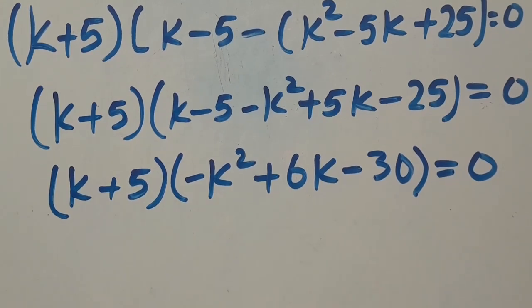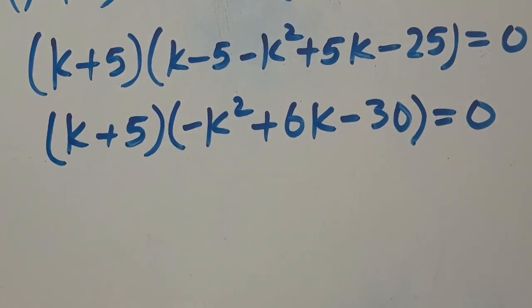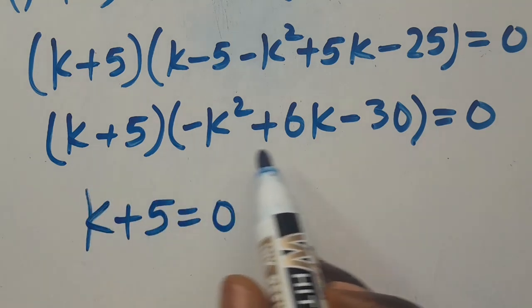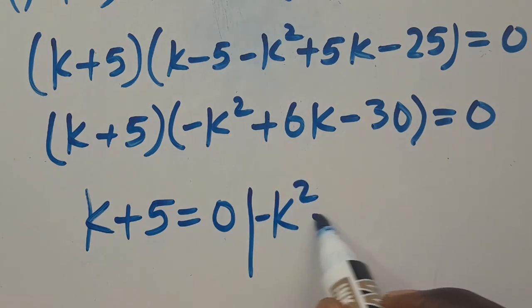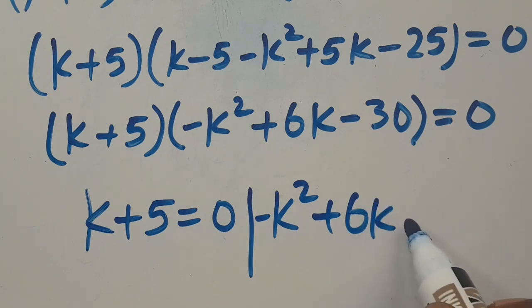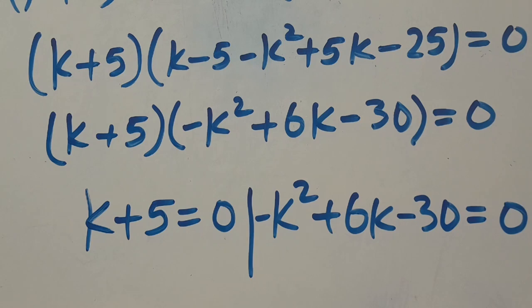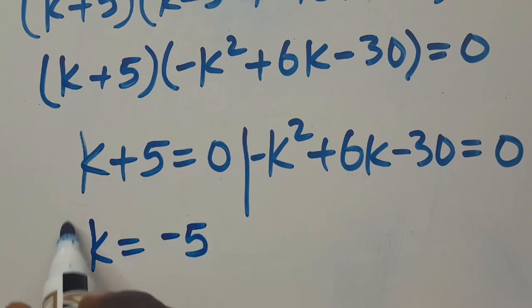Then from here, what we are trying to say is that for this particular expression to be equal 0, either we have, let's say, k plus 5 to be equal 0, or we have minus k squared plus 6k minus 30 to be equal 0. Then from here, we have the first degree solution to be k equals minus 5.